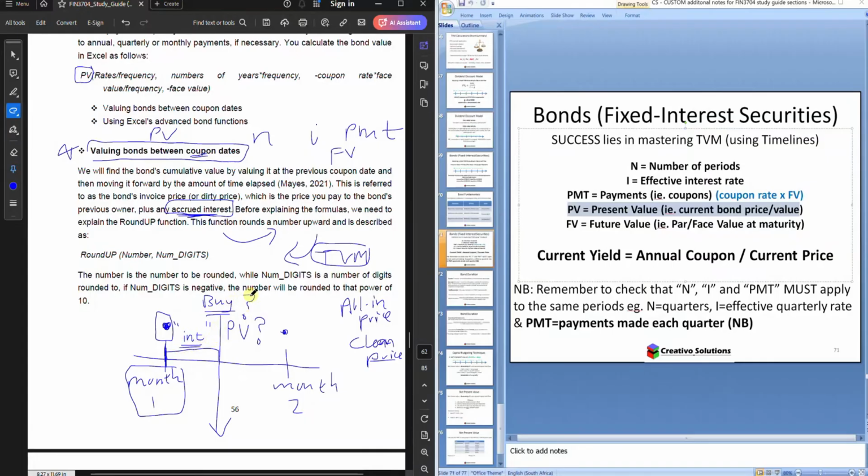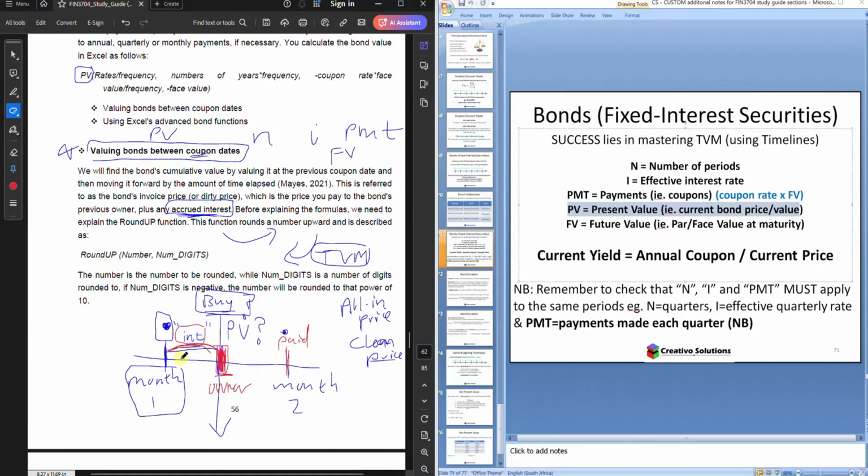So if I bought the bond here, let's change color quickly. If I bought the bond at that point in time, because I'm now the owner of the bond, surely I should be entitled to a part of the interest, even though the interest is only going to be paid out here.